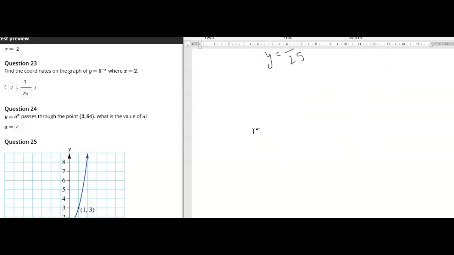All right, question 24. Nearly there. y equals a to the power of x passes through 3, 64. Now, just like a linear equation, we're just substituting in here. This is x, and this is y. So wherever I see y, I put in 64, and wherever I see x, I put in 3.